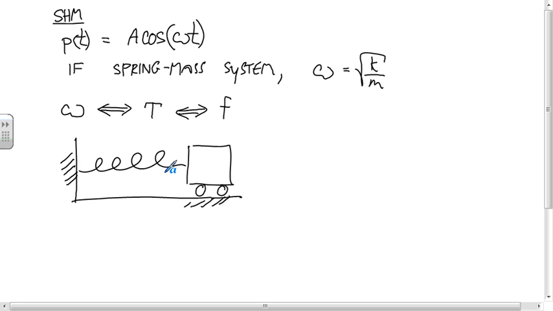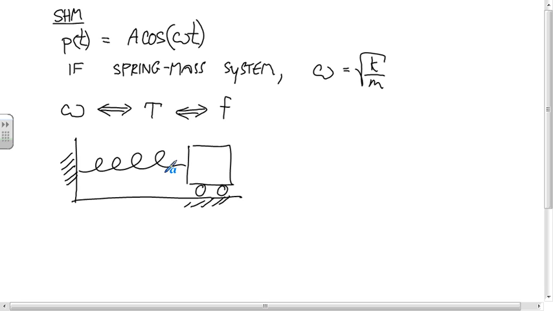Well, what are some things that you think would affect how fast it goes to this fastest point? We're ignoring friction in all of these. If you're going to pull it out to a certain distance, say you're going to pull it out 10 centimeters and let it go, the stronger the spring is, the faster it'll get going, right? That makes sense intuitively.